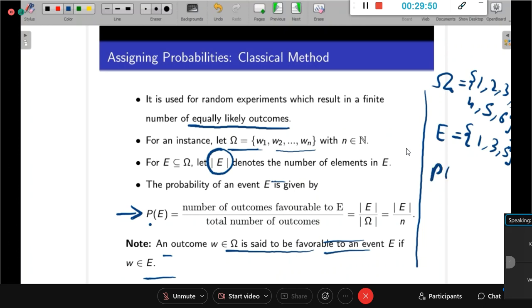So the probability of E is the number of elements in E over the number of possible outcomes, which is 3 out of 6. So 1/2. Okay. Right? Is that fine?